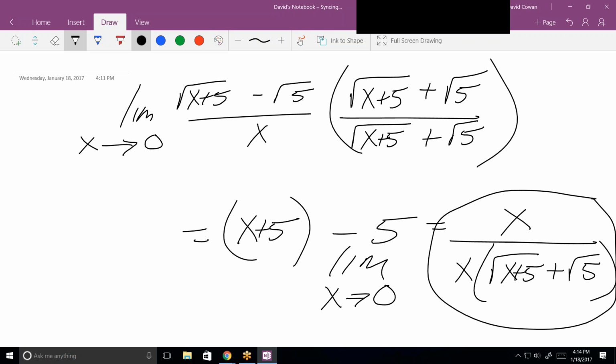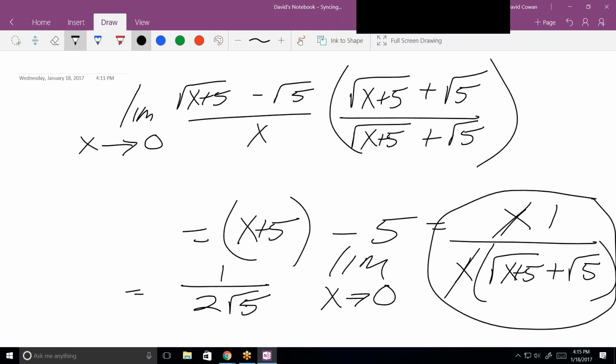Well, notice the first thing that happens is the x's cancel. So now I'm left with 1 over that. Well, what does that go to as x goes to 0? 1 over root 5 plus root 5. Yeah, 1 over 2 root 5. Root 5 plus root 5 is 2 root 5.